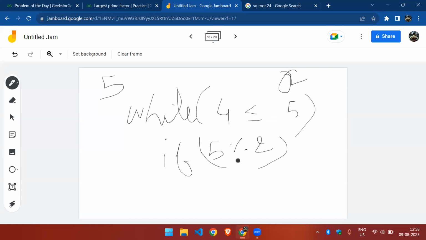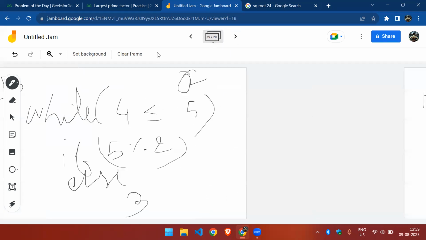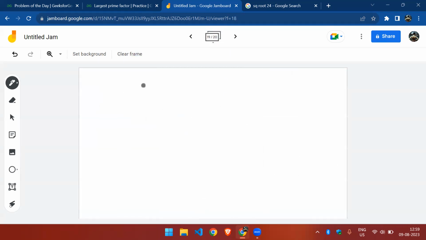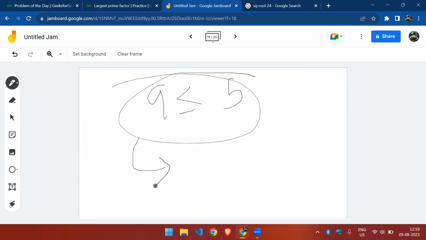So this is not valid. This is incorrect. So in the else part, we'll simply increment our iteration variable. Now the 2 becomes 3. Then again, we check if 3 square, which is 9, is less than or equal to 5. This condition is invalid, right? So we simply return n, which is nothing but 5.